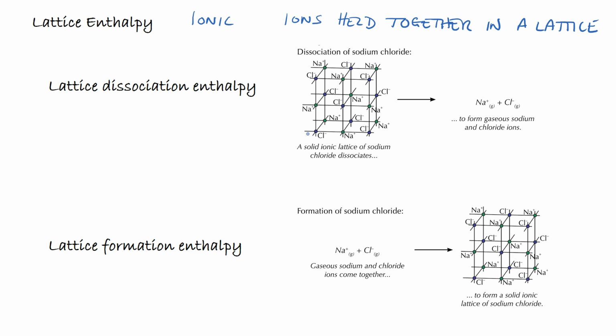We'll have a definition on the next slide, but the lattice dissociation enthalpy is the energy required when 1 mole of a solid ionic compound is completely dissociated into its gaseous ions. So on this side we have the solid, and on the right hand side you'll notice we now have gaseous ions.